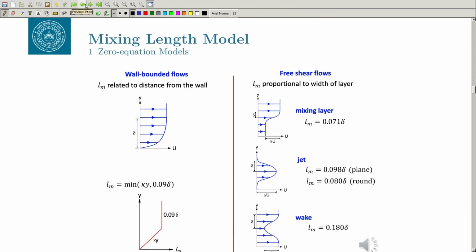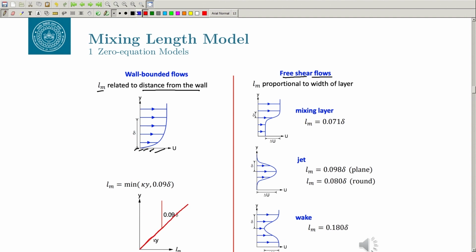Now for the mixing length model, if there is a wall, then it is fine. What if there is no wall? Let us say there are free shear flows, like the one shown here. In the wall bounded flow, Lm is related to the distance from the wall, as we have seen, and if you had gone only with the Prandtl mixing length, then kappa y would keep on increasing.